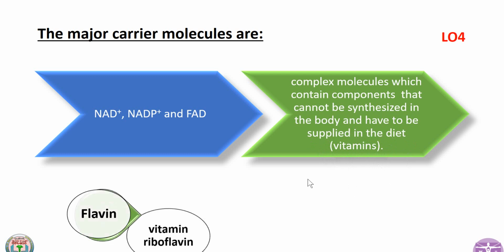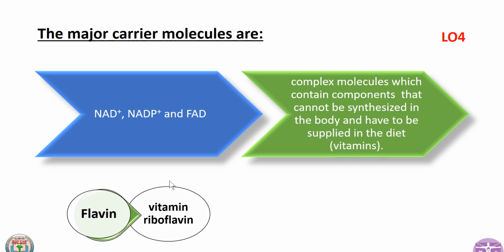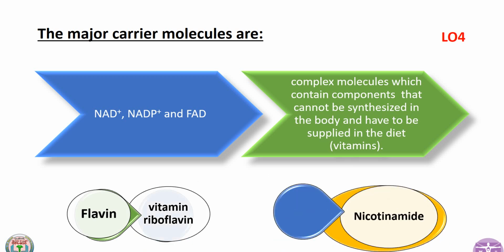These include the flavin, which comes from riboflavin, which is a vitamin, and nicotinamide, which comes from niacin, which is also one of the B class of vitamins.